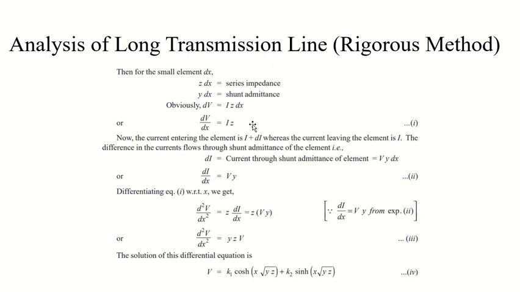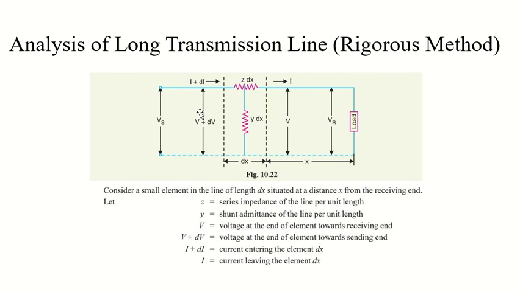Now again, see the image and tell me what will be the value of dv here. The voltage at the sending side here, and the voltage on the right side, close to the receiving end, across dx. By simply taking the difference of these two, can't we find the value of dv?